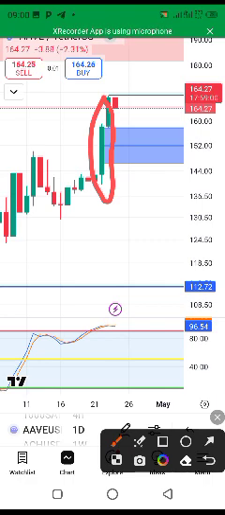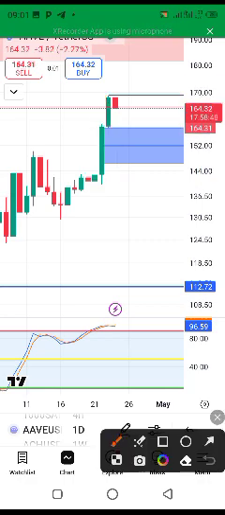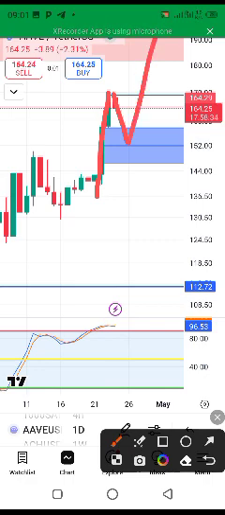When the market shoots up, the fair value gap happens. Why does it happen? It happens because the price has moved up, and before it continues moving up, it must come back to refill the gap that it has left behind, and then it goes up again.